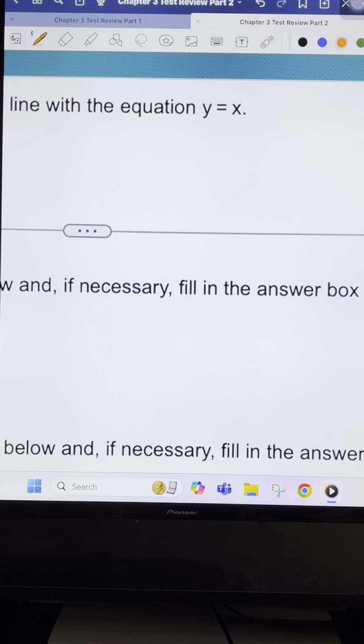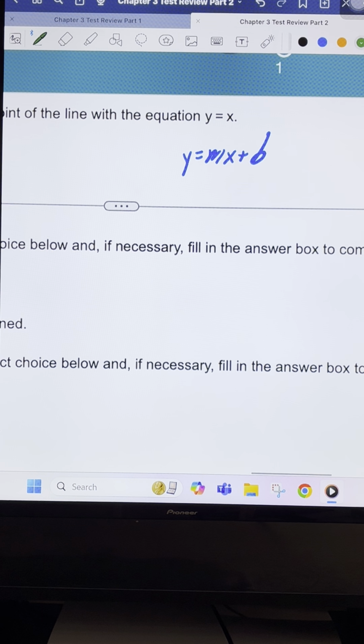State the slope and the y-intercept point of the line with the equation y equals x. So this y equals x is indeed in the format of y equals mx plus b. The only reason it looks weird is because I don't have a b over here. But in reality, I do. It's just 0.